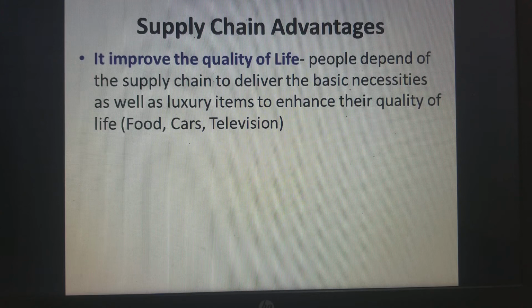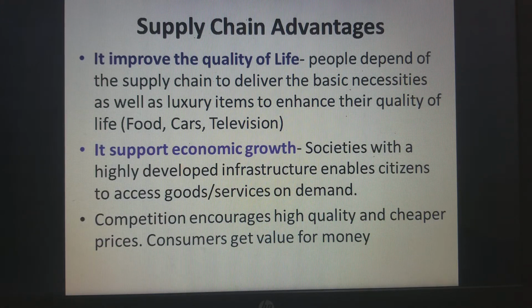Because you are now able to access them, it improves your quality of life. Access to health care, access to the right nutritious meals, yes, will prolong your life, and so you have quality of life.